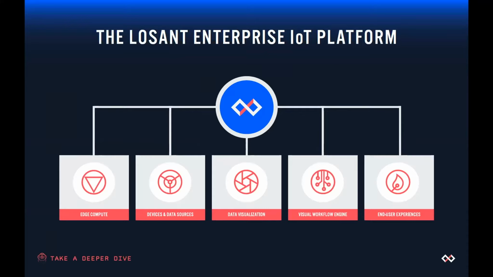The platform itself consists of 5 key components to help customers achieve that. They are edge compute, devices and data sources, our data visualization suite, our visual workflow engine, and finally, our end user experiences. We like to think of these as the building blocks to a full IoT solution. Our customers and our partners utilize these tools to create the really robust IoT applications that they then put in front of their end users.